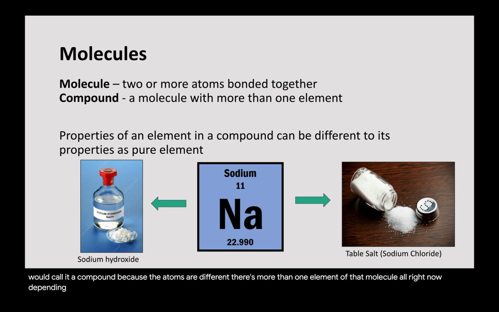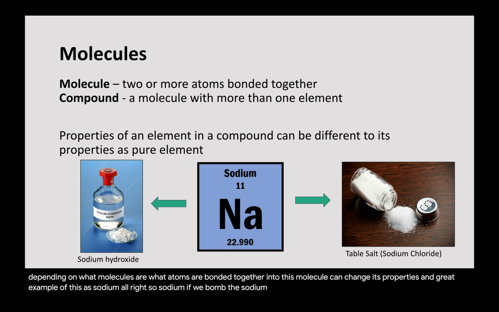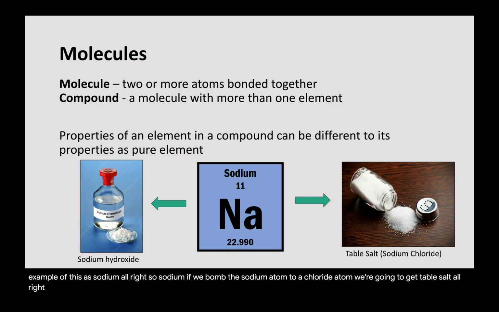Depending on what atoms are bonded together into this molecule can change its properties. A great example of this is sodium, right? If we bond the sodium atom to a chloride atom, we get table salt. We eat table salt every day.